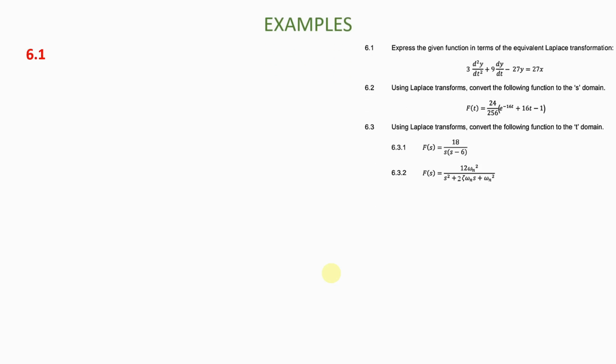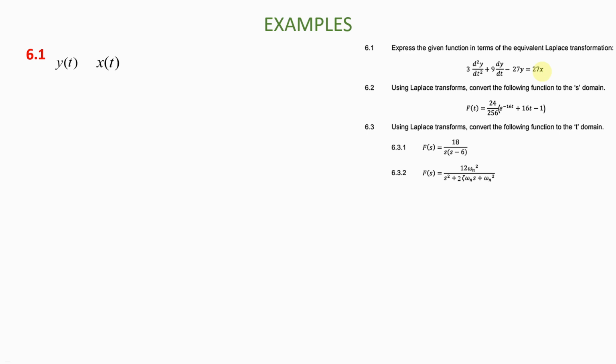And so let us begin with question 6.1. First, what you need to understand is that y that you see here is a function of time. Okay, y is a function of time, it's y(t). And even the x that you see here is also a function of time, and this is x(t).